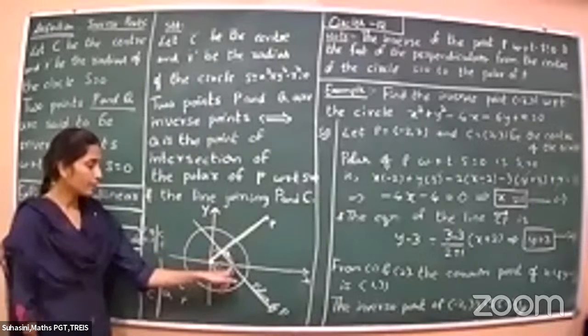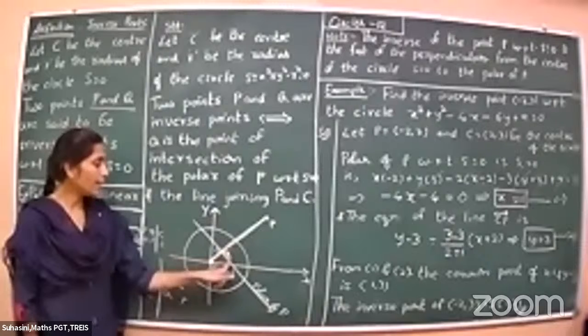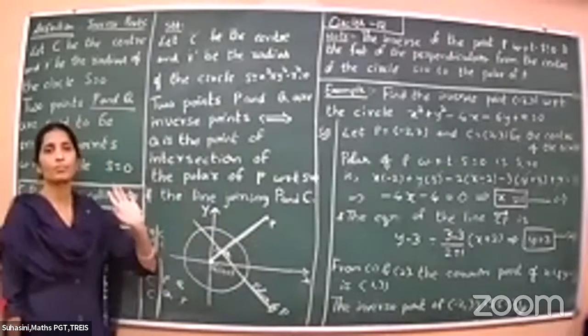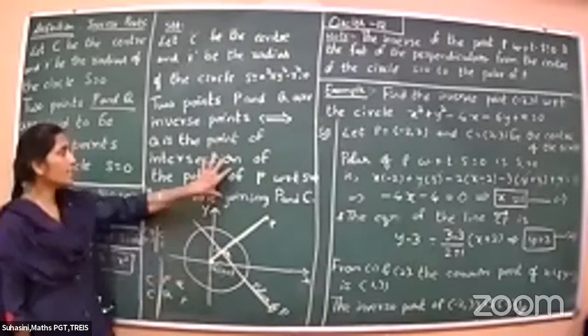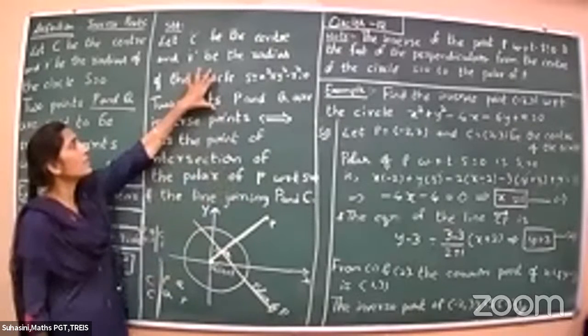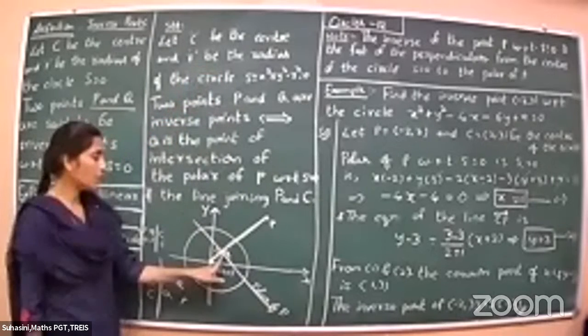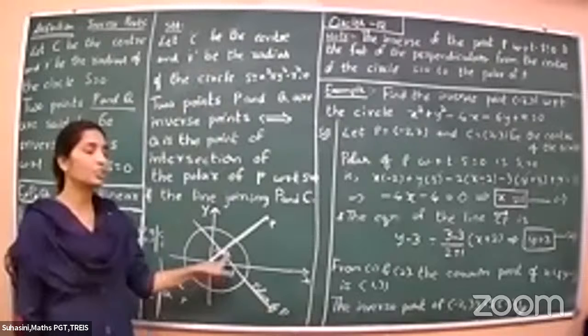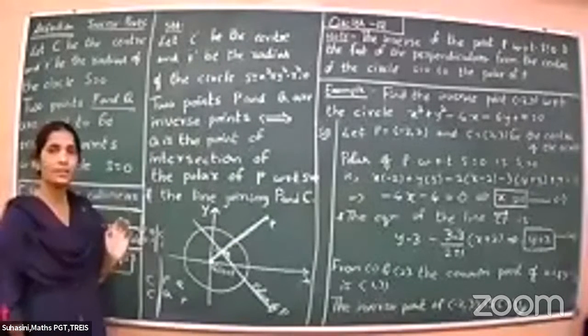If you have P here and Q here, P lies on the polar of Q. Is this clear, children? If the given points are inverse points, then Q is the point of intersection of the polar of P and the line joining CP.